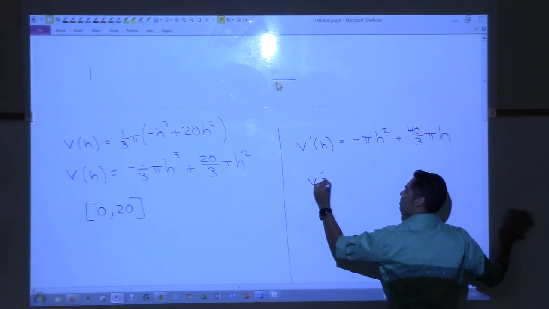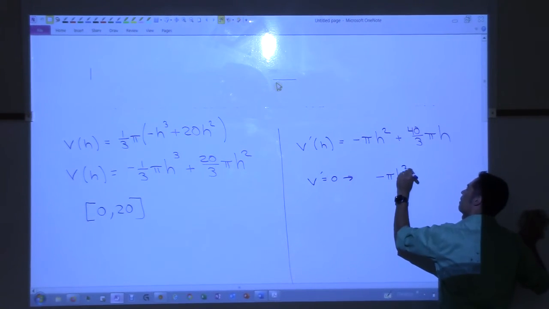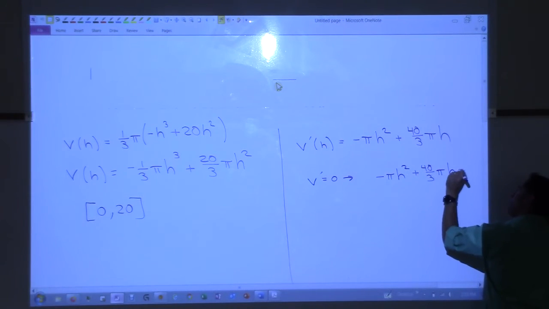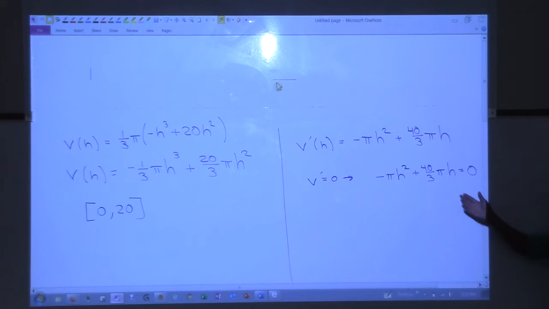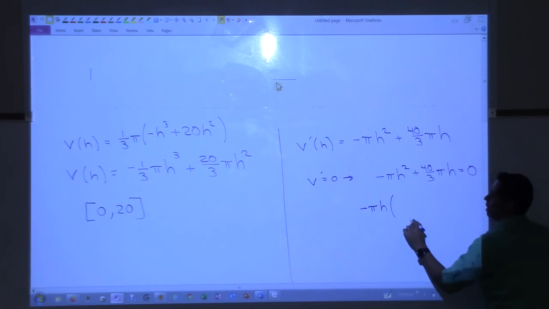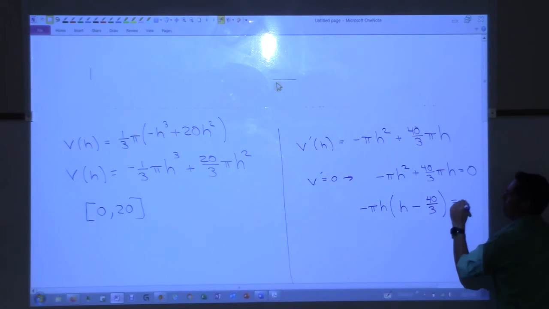That's actually going to be really nice to do, because even though it's a quadratic, both terms have h, so we can get a GCF out. We can pull that pi out of there. I'm going to pull a negative pi h out. I'll be left with h minus 40 thirds. And that is it, right?